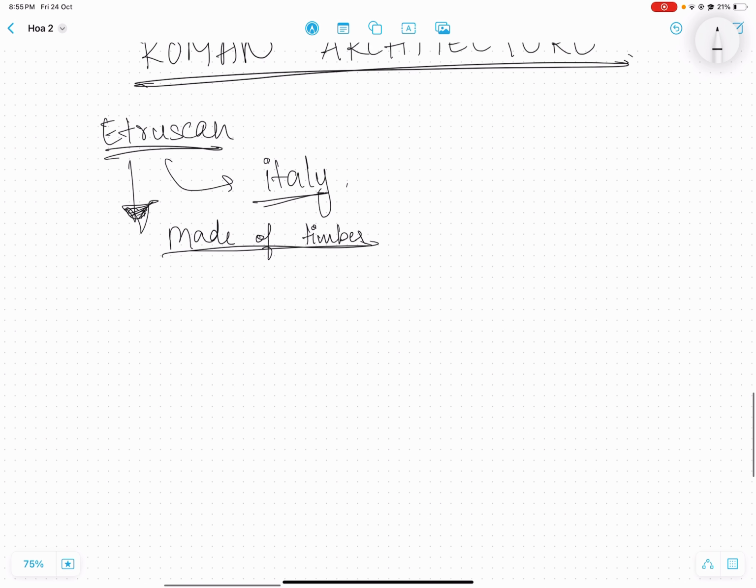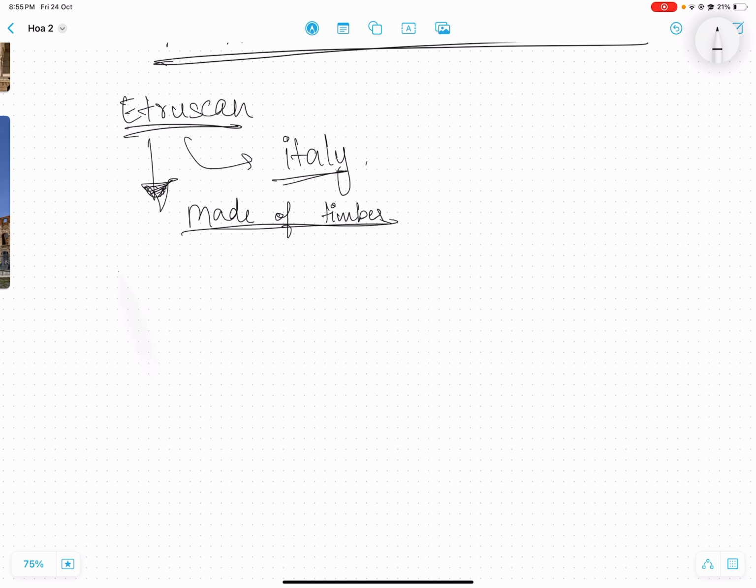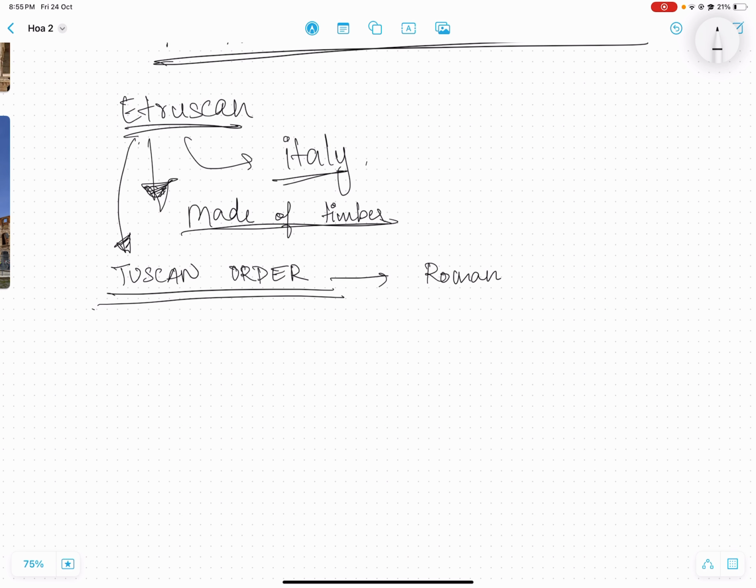One of the important elements that most of us would remember is the Tuscan order. The Tuscan order was first started by the Etruscan, and then the Romans took it forward. The first few Etruscan orders were made of timber. And the Etruscan order is nothing but a much simplified form of Doric order.